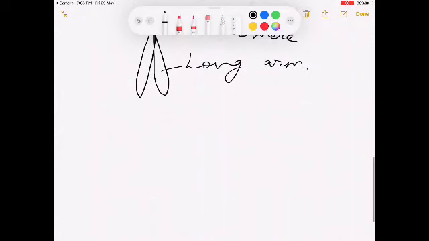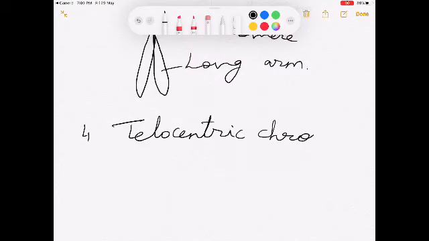The fourth one is telocentric. Telocentric chromosome. In this case, the centromere will be at the tip, at one tip. Now look at the diagram.